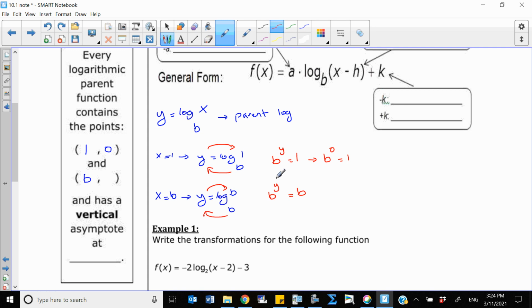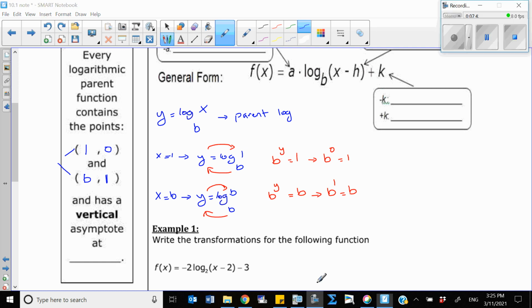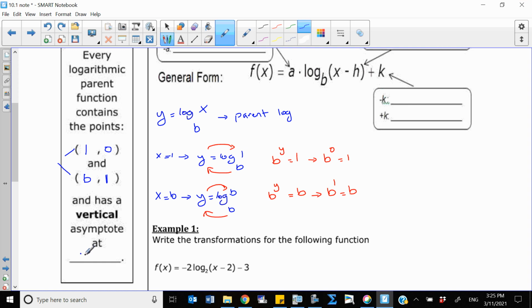So b to the power of what number is equal to itself? We know that it's 1, because anything to the power of 1 is always equal to itself. So the y value is 1. So these are the 2 specific points that my function always contains. And the vertical asymptote for every log function is x equal to 0.